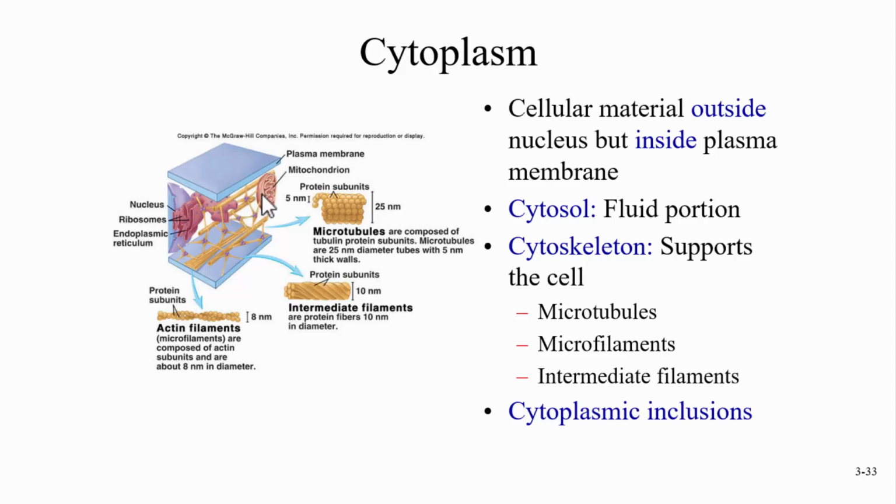Organelles can move along. We have actin filaments. These are made of microfilaments, and they're composed of actin subunits. They're about 8 nanometers in diameter. And this is what can be used, as I said, for moving things in the cell.